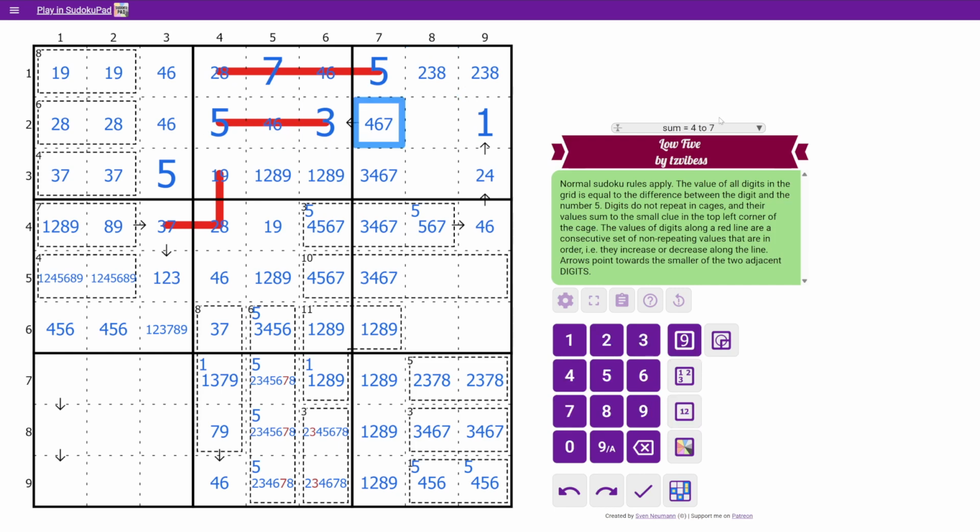Wombo. This is a 7. This is not a 3. It's got a combo looking at it. So 4, 6, so this is a 9, only thing left in the row.